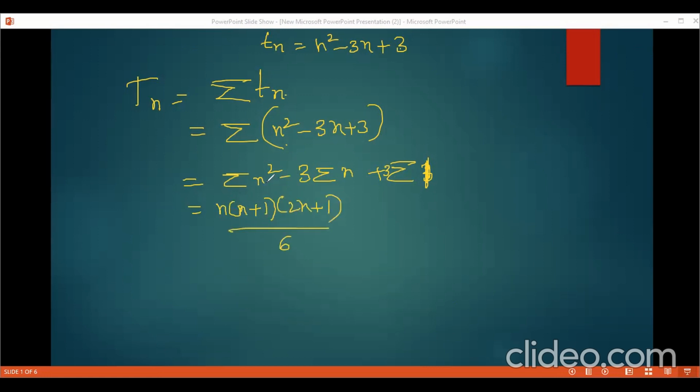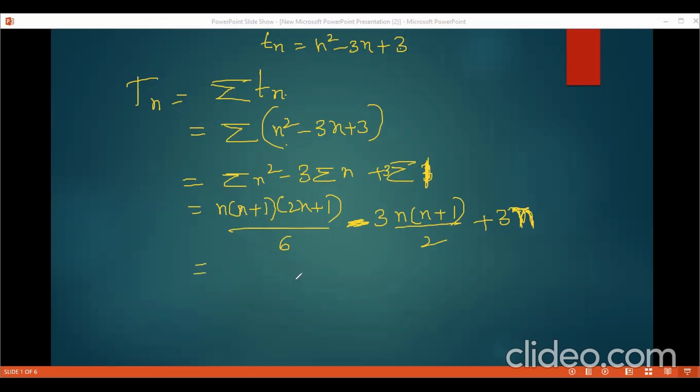We already saw the sum of natural numbers, squares of natural numbers and cubes of natural numbers; you watch the second video in the same series, sequences and series. 3 times sigma n is n into (n plus 1) by 2, plus 3 sigma 1 is n, right?